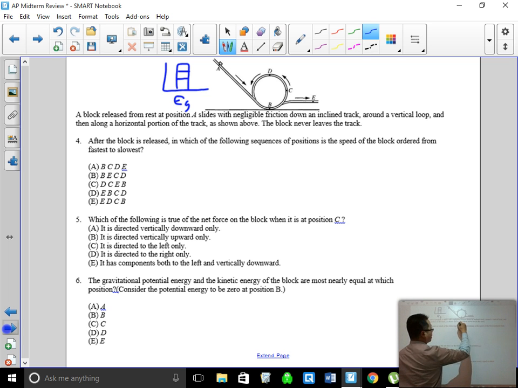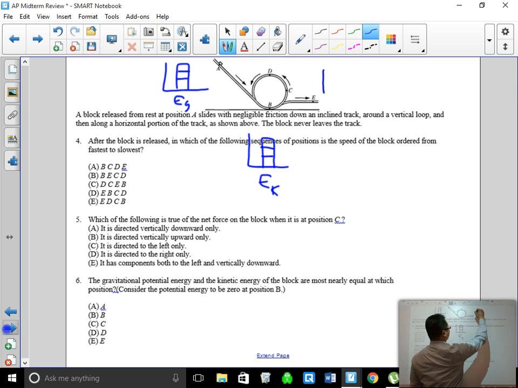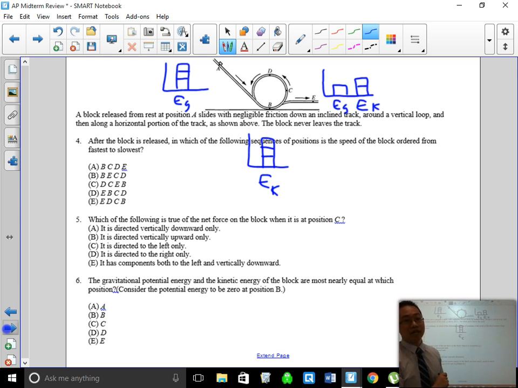At the bottom, at B, there's no more height, so therefore it's all EK. But at C, it's a little bit of height, so it might be 1 bar of EG and 2 bars of EK. At D, it's a little bit more height, so it'd be 2 bars of EG and 1 bar of EK.